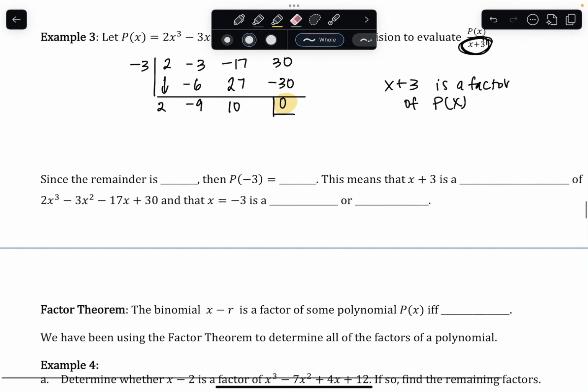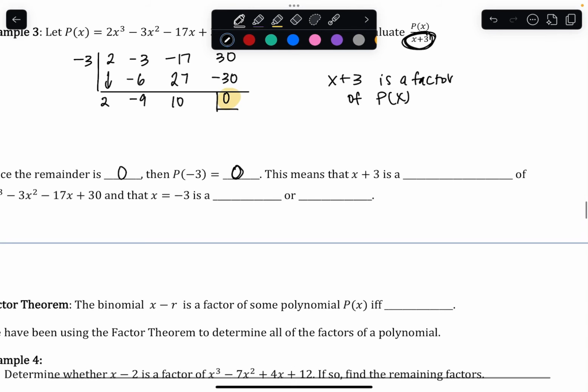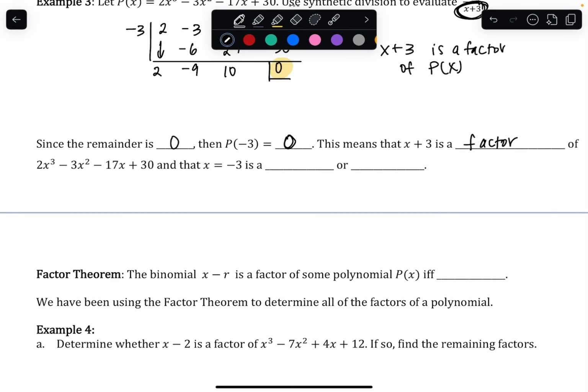Okay, and so since the remainder is 0, then P of -3 would equal 0. This means x plus 3 is a factor, and that x equals -3 is a root or a 0 of the original polynomial.